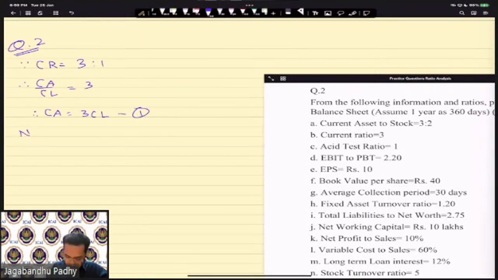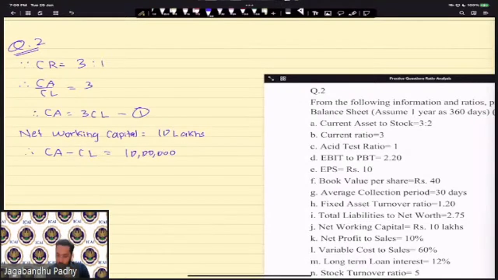Then we use the net working capital. Net working capital is 10 lakhs. Therefore, current asset minus current liability is 10 lakh.